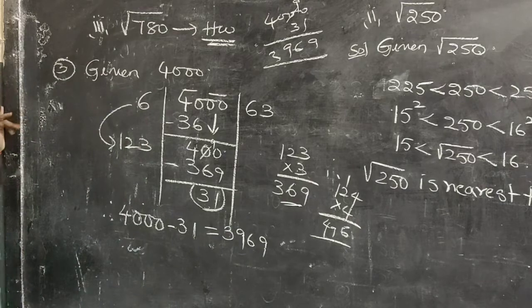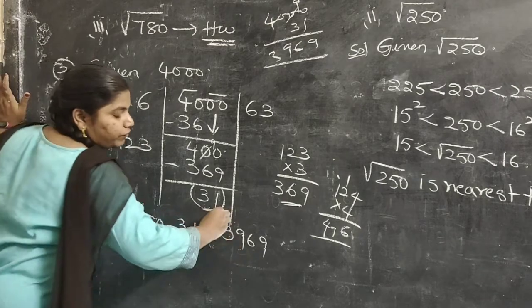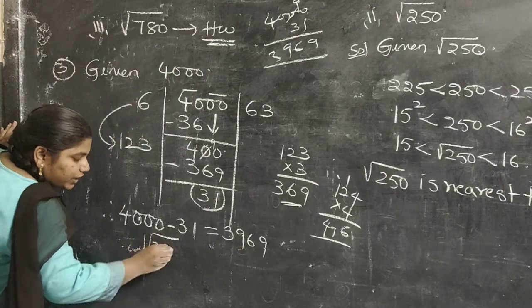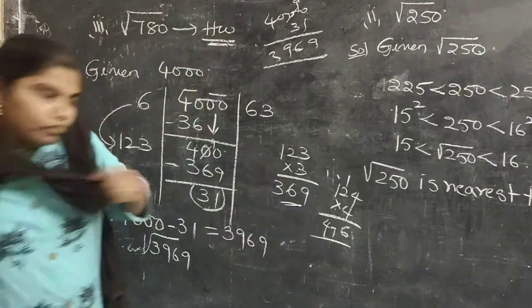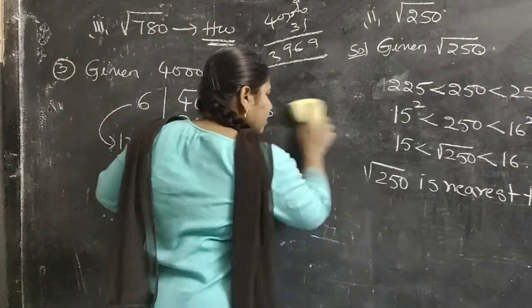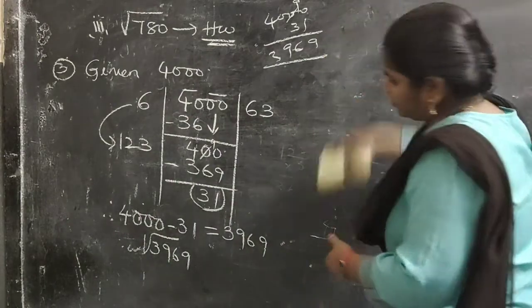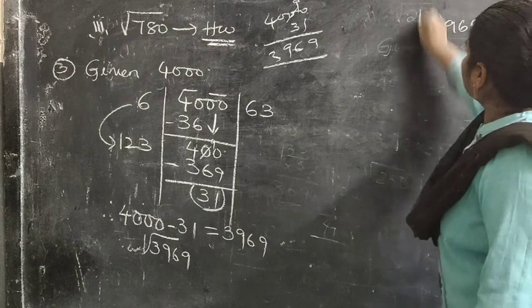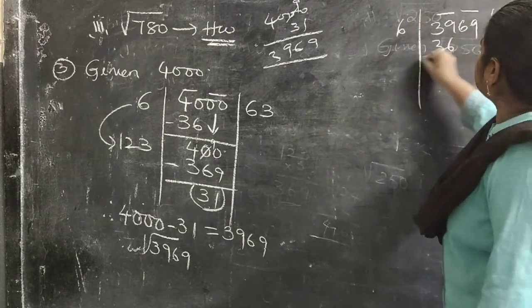So this 3969 is a square number. If you find the square root of this, how much will you get? Square root of 3969. Find the square root here. 6 6s are 36.